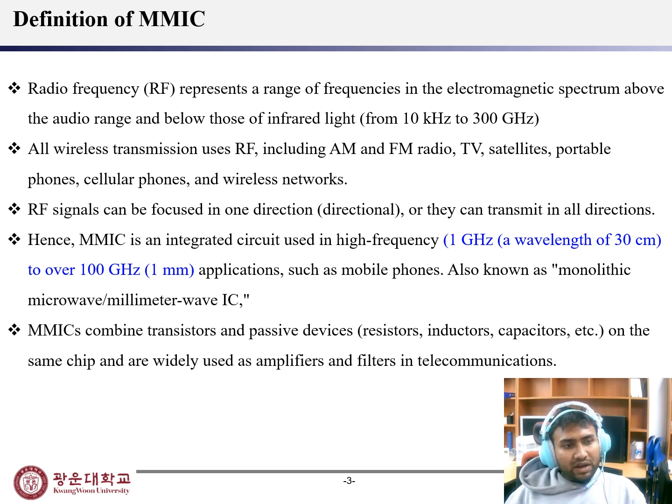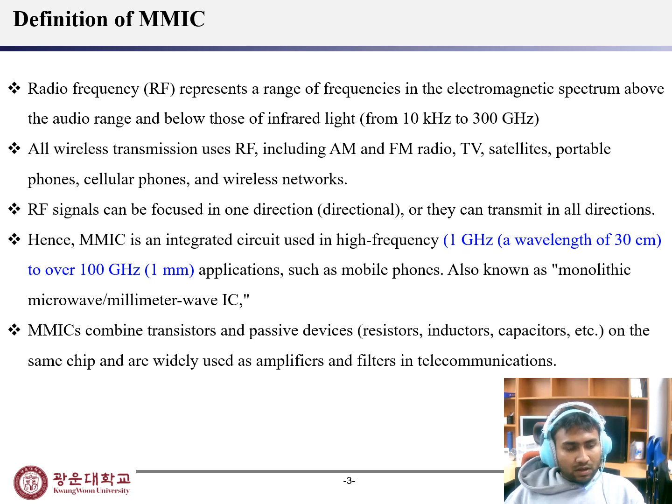An MMIC is an integrated circuit used in frequencies from 1 GHz to over 100 GHz, that is, wavelengths from 3 centimeters to 1 millimeter. This one has applications in mobile phones, and MMIC is also known as monolithic microwave or millimeter wave IC.